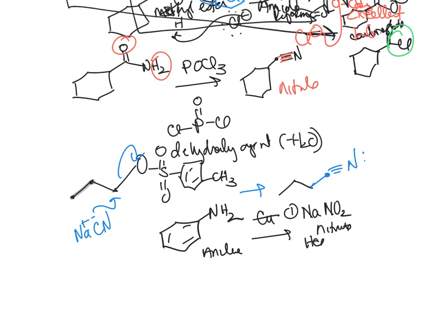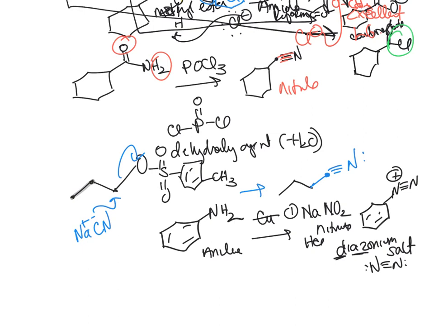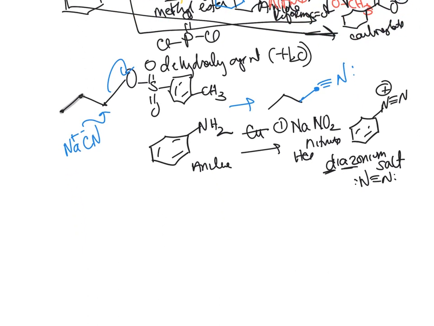And HCl, that makes that intermediate, the diazonium, which is a great leaving group, right? Di means 2, azo means nitrogen, so diazonium salt. Nitrogen is an excellent leaving group. The atmosphere is 78% nitrogen.